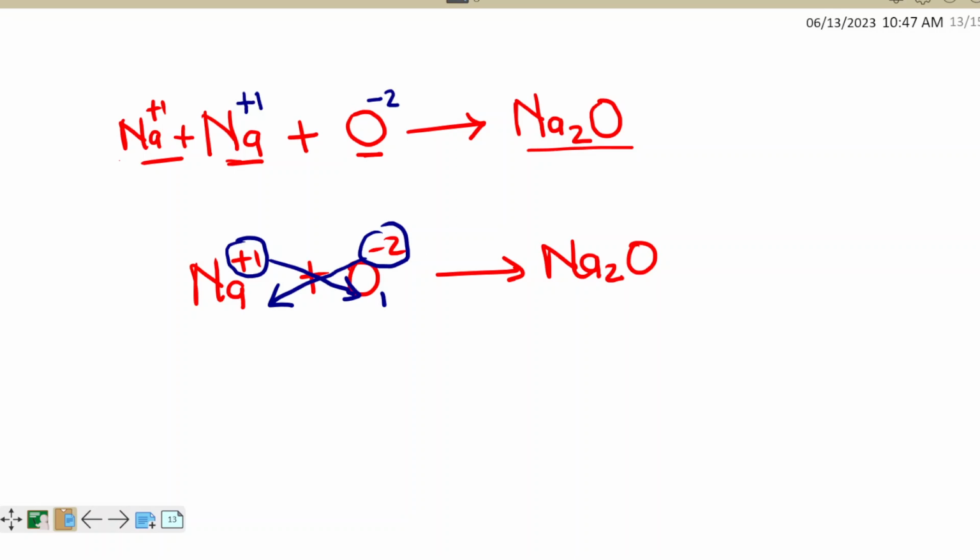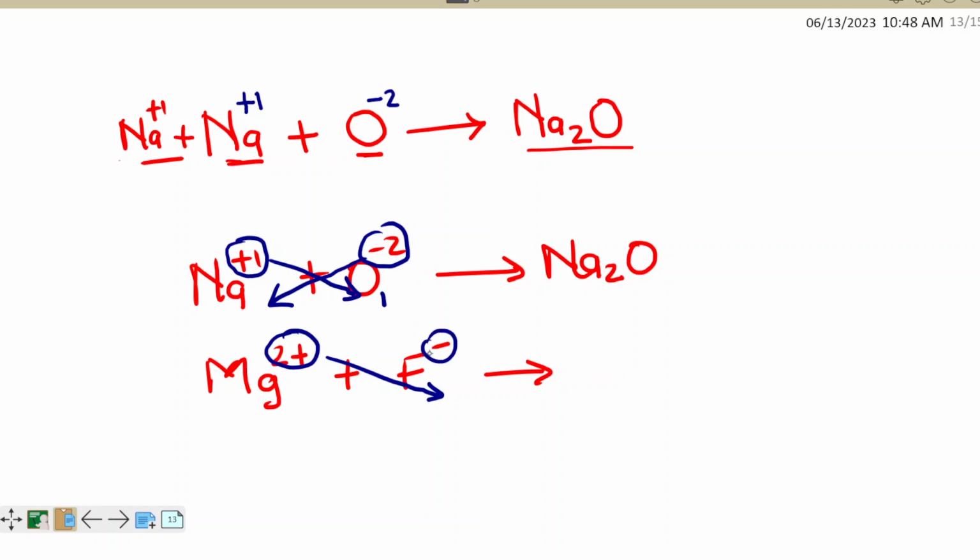Let's say that you have an example where you had magnesium, which is in group 2. It's reacting, let's say, with oxygen. Okay, not with oxygen. Let's say it's reacting with fluoride, which is needs -1. So just take these two, put it there.